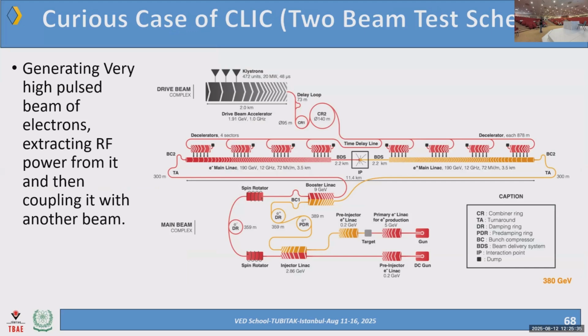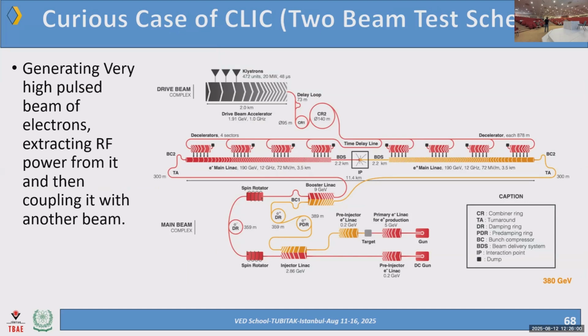But here, the case is that the energy of the particles is already very high. For example, when I was there, it was already operating at 300 MeV. So what they do is they further use a certain scheme to bunch the electrons.